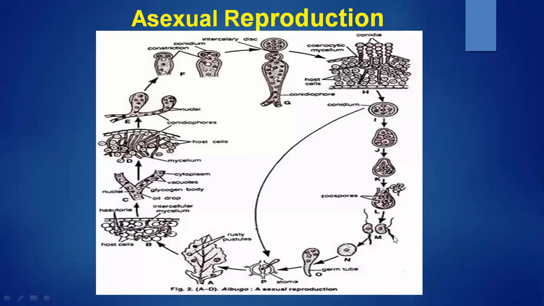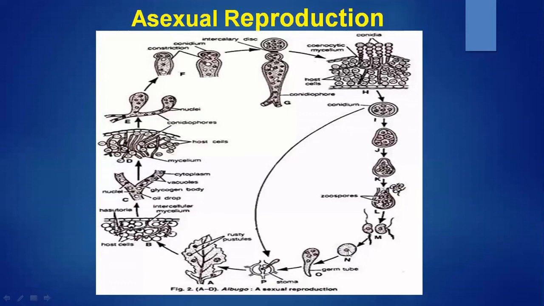As it has flagella, it can swim in water droplets. It swims for a while and takes rest. After taking rest, it withdraws its flagella and becomes encysted, which means a thick wall is formed around itself.